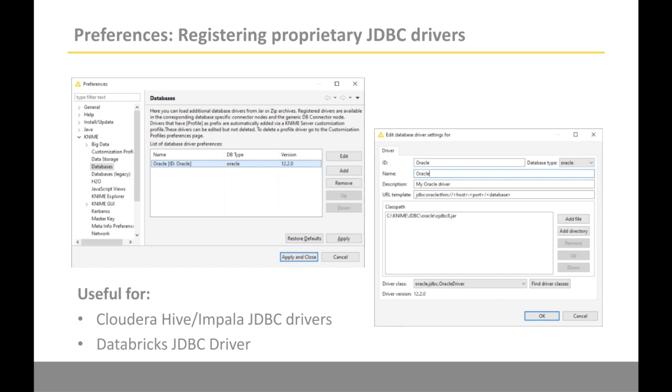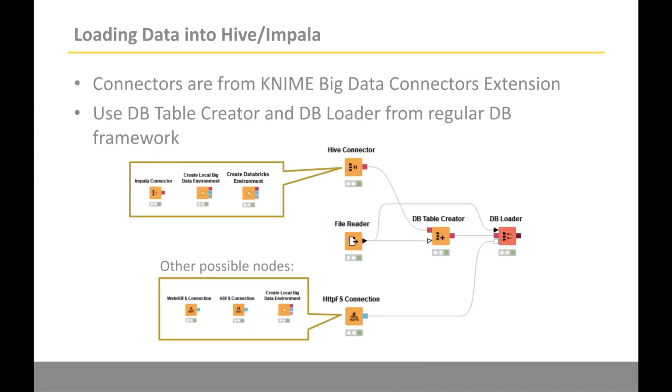For example, the big data vendors like Cloudera provide proprietary drivers for Hive and Impala. These you can register in Knime. We'll take a closer look at this, but I just like to highlight that there's this preference page that deals with that in particular.